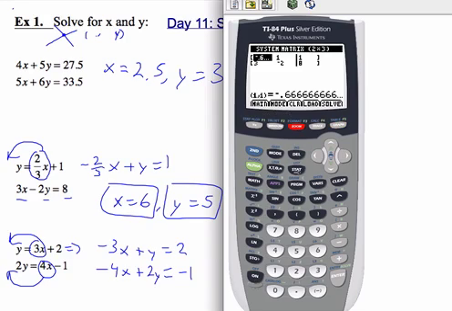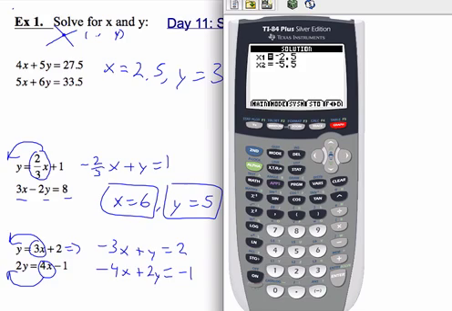So I'm going to go back to system here. So negative 3, 1, 2, and we're going to have negative 4, 2, and negative 1. So I typed them all in correctly. Click solve, and there I have the decimal answers.